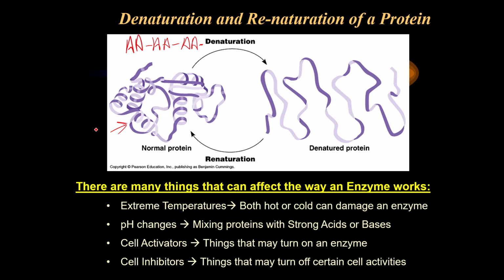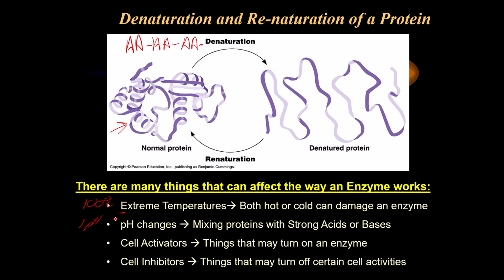If it runs into extreme temperature, especially above 100 degrees Celsius, aka boiling, it gets denatured. With pH, once we move out of a certain range, the enzyme becomes not as strong or not as effective. Stomach acid is a pH of 1, and there are enzymes that are happy with a pH of 1.